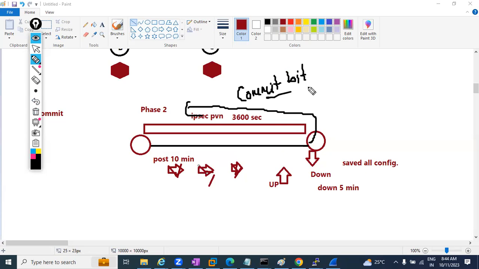In the commit bit, it would mention 1. Commit bit means: I have the information about message 1 and message 2, meaning earlier we have already negotiated on the Haggle. So no need to exchange the first and second messages again.